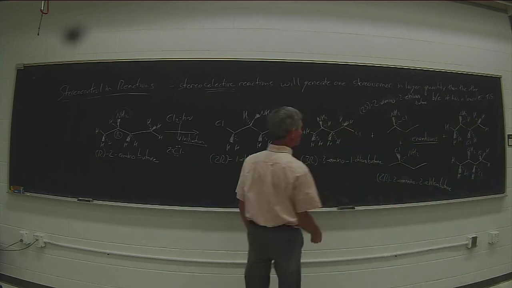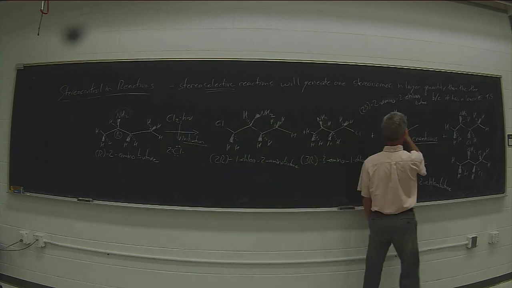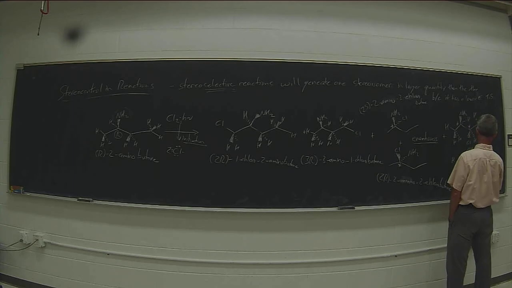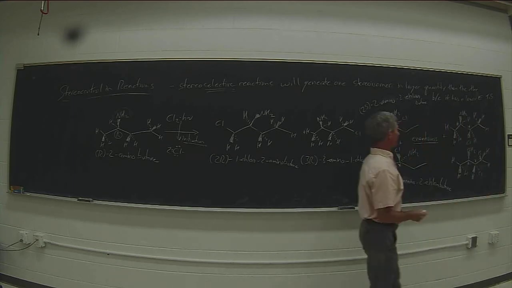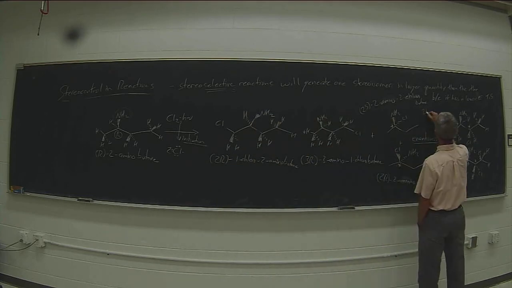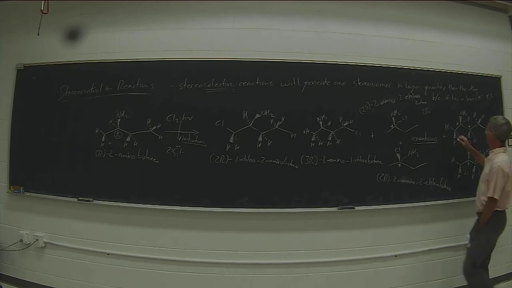And so now I have two chiral centers. My first chiral center is untouched. So at the 2 position, it's still the R stereocenter. But now at the 3 position, my chlorine is number 1. The carbon that's attached to nitrogen beats the carbon that's not. So this is number 2. This is number 3. This would be 3R.